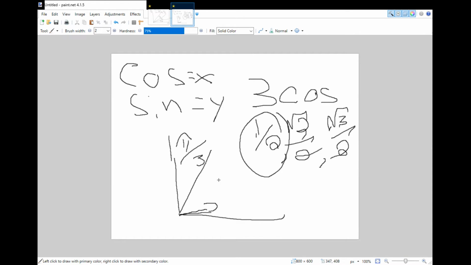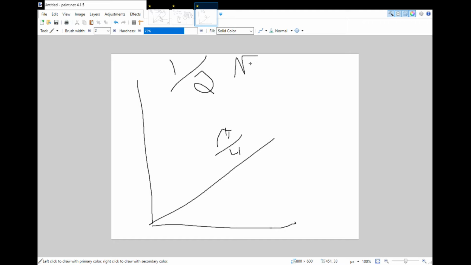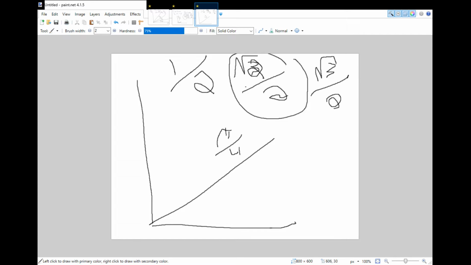Pi over 4, if I make another one, is there a shortcut for this? Okay, control N. Pi over 4 is the middle distance, which out of these three, which I'm going to write in ascending order, is the middle one.